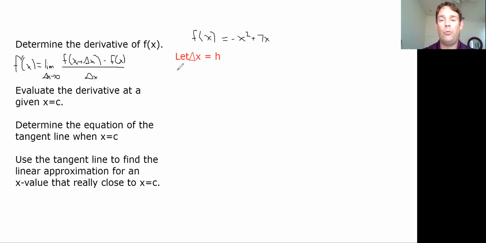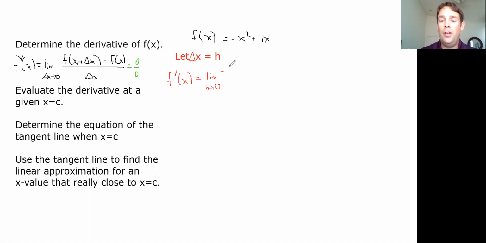So I'm going to find the derivative of this function. I want to find another function that will allow me to find that instantaneous rate of change. So instead of using delta x, I'm going to use h. And by the way, quick side note, we always want to make sure that it's 0 over 0, but if I plug 0 in here, anytime you use a difference quotient, it's always 0 over 0. So I'm going to just skip over that portion today.